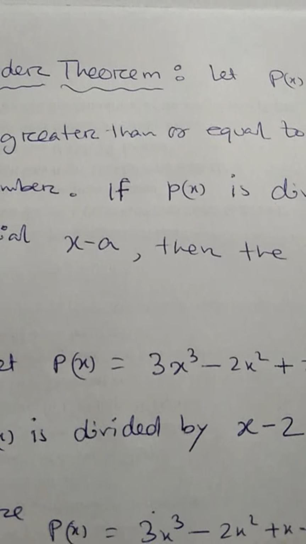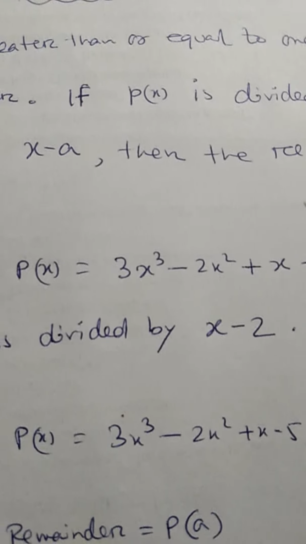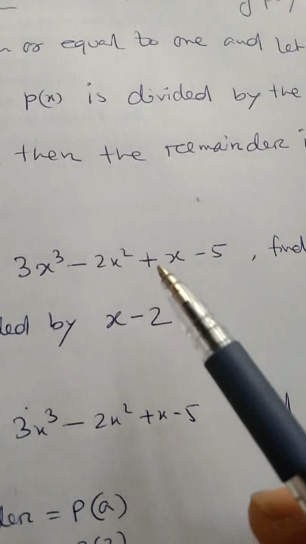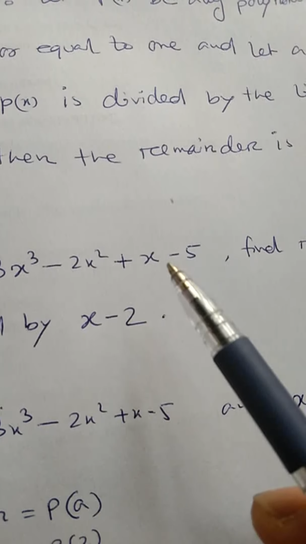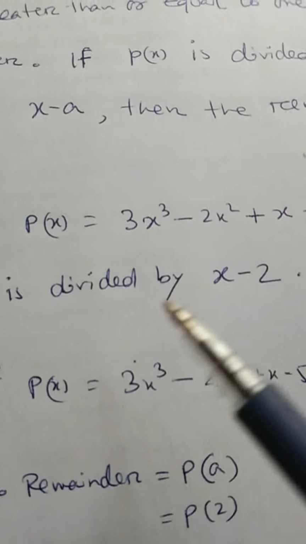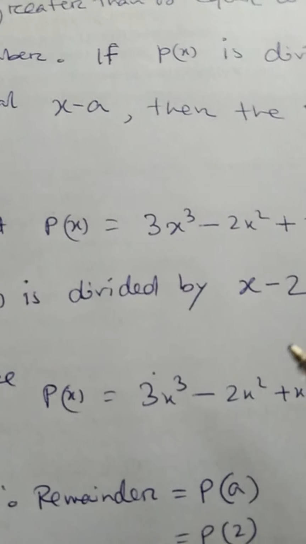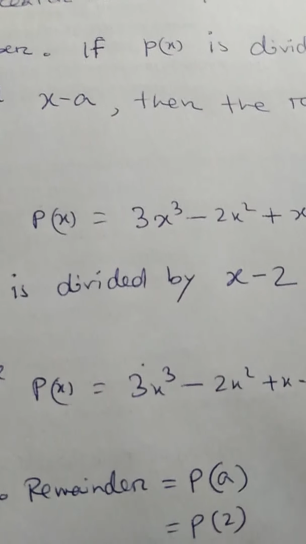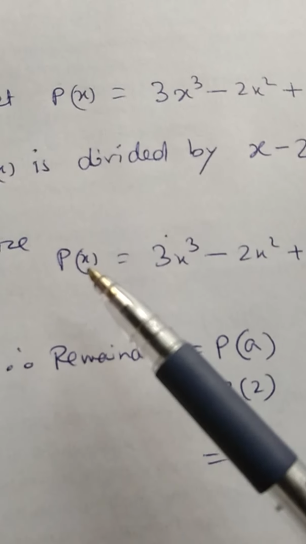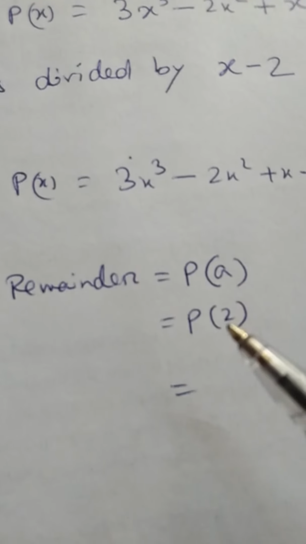So for this, let us see this given example. p(x) is 3x cube minus 2x square plus x minus 5, and we need to find remainder when it is divided by x minus 2. So x minus a, x minus 2, it means a is 2. So in place of x, we will have to write the a as 2.